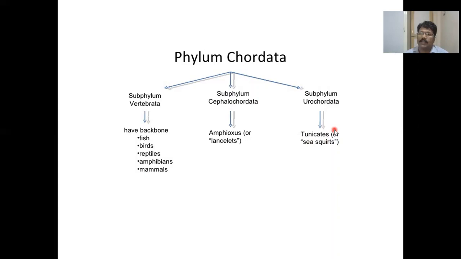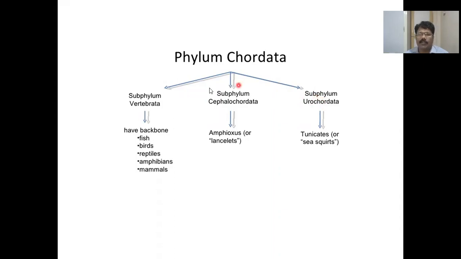So since the body is covered by tunicin, these are also known as the tunicates. Tunicates means the urochordate, the animals that are included in the urochordata. Urochordata means the notochord is present in the tail. Uro means tail. So they are also known as the sea squirts. We will discuss about the general characters later in this class.